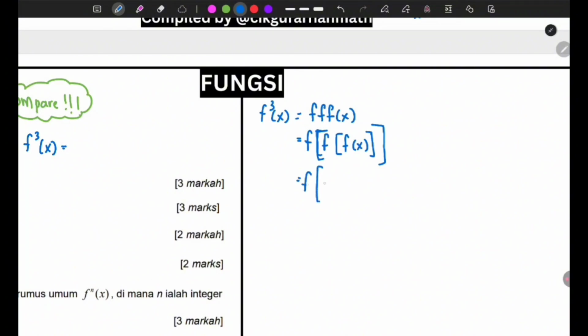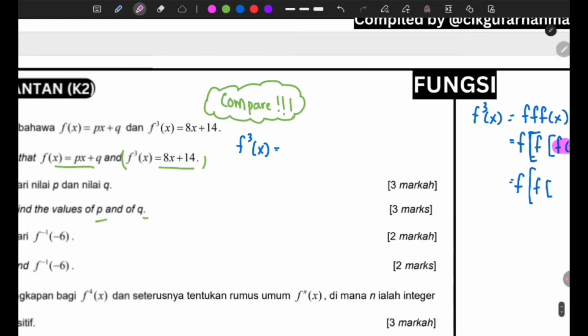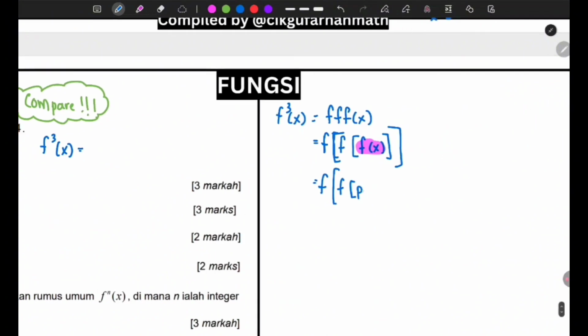F, and now you substitute your first f(x). This is what the question gave us, px plus q. Finish substituting. Now this is like another f(x).